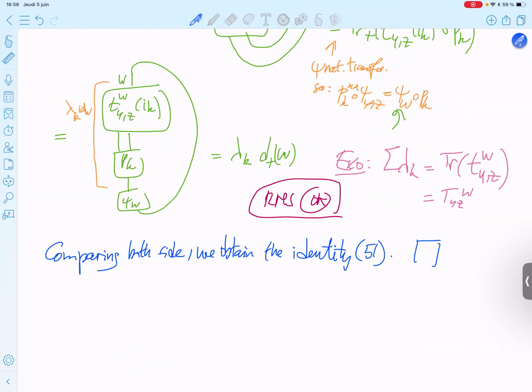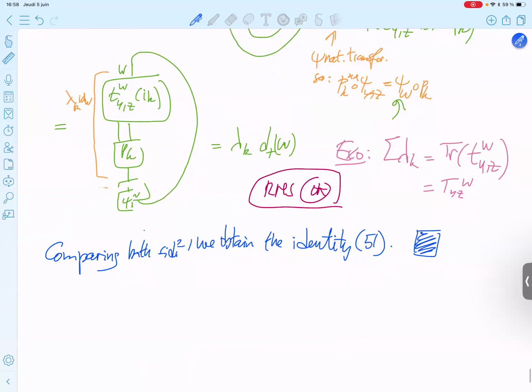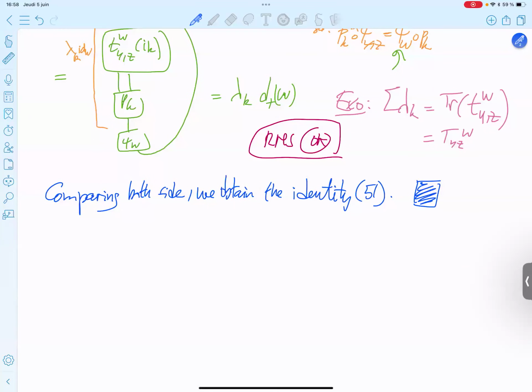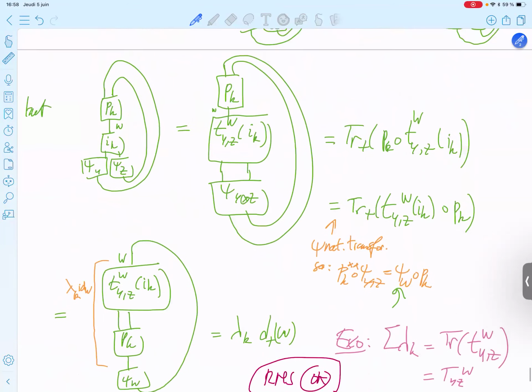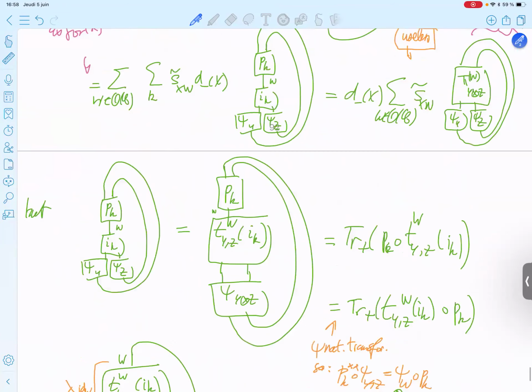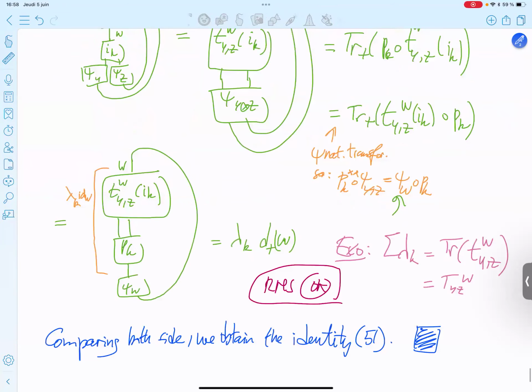Tomorrow I will start from that. I will explain. So we will have a formula. We have this formula. So I will explain in more details tomorrow, because now it's time to stop.